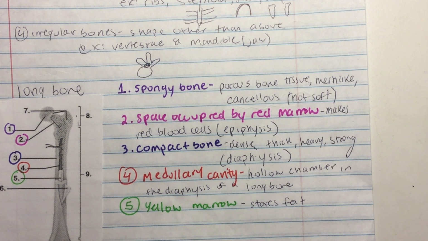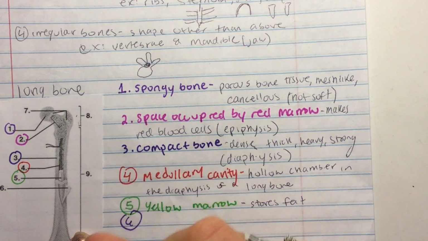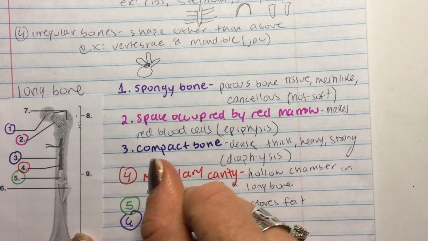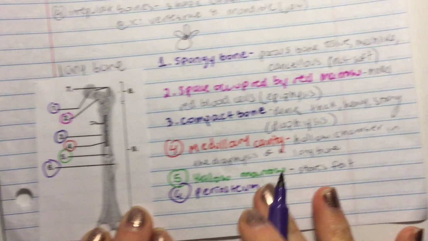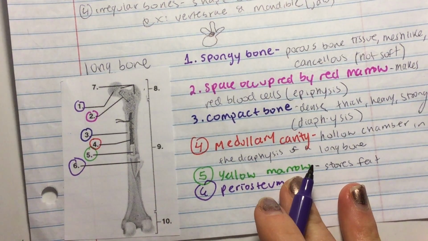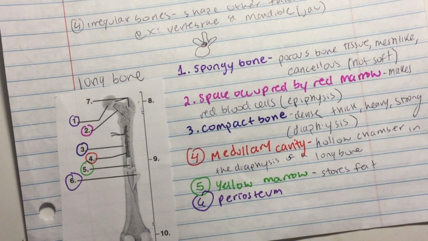After that, we have number 6, which is called the periosteum. You can see how in the picture over here it's kind of peeled back. This is just a layer that surrounds the entire diaphysis of the bone. So we will write that it covers the entire bone.